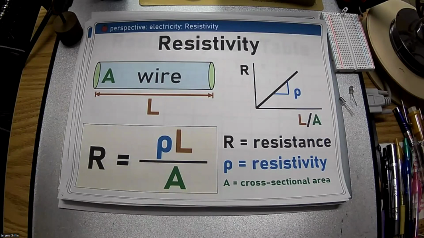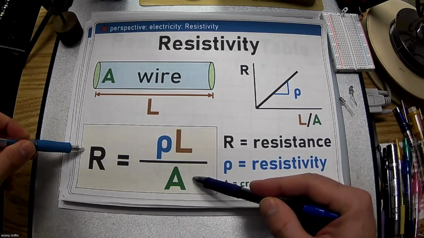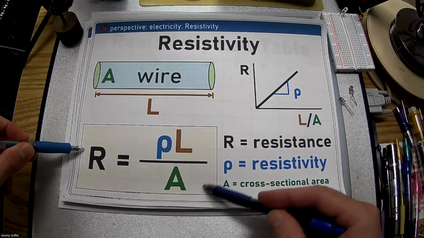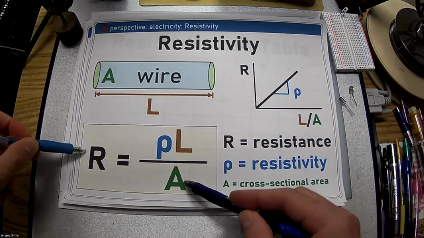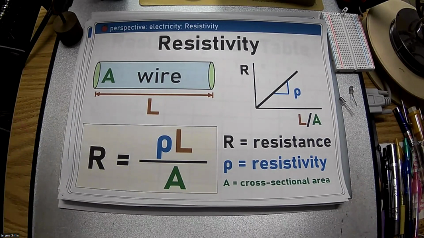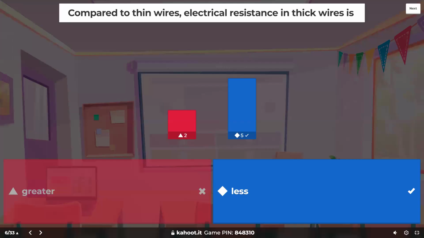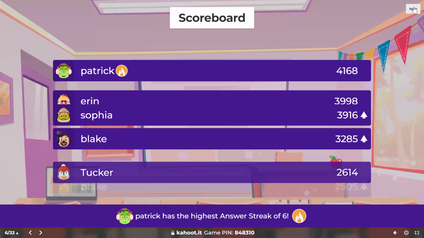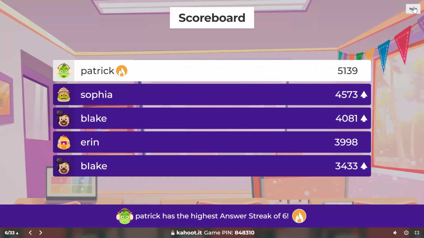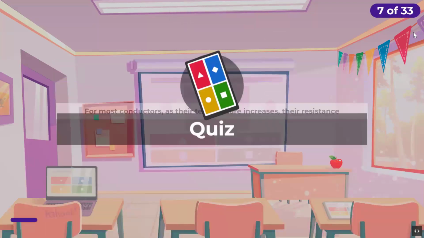It's the relationship between these two variables here. The thicker the wire, that's a larger cross-sectional area, the less the resistance. There's an inverse relationship. If you have a big thick wire, there's not as much resistance compared to a little thin wire. All right. Got Blake, Aaron, Sophia, Patrick.